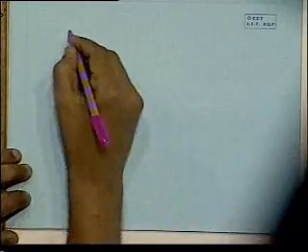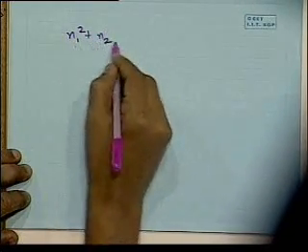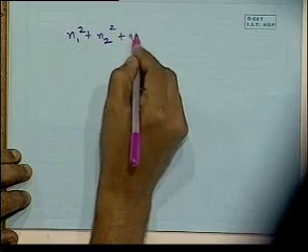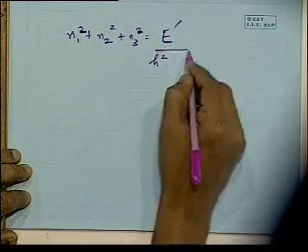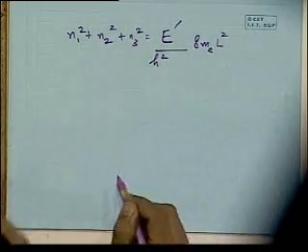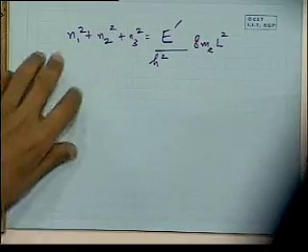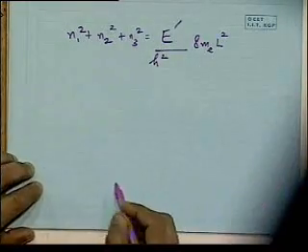Now I can rewrite that, as some maximum value will be there for this combination, given by E dash over h squared. I've simply rearranged that equation in terms of n1, n2, and n3.